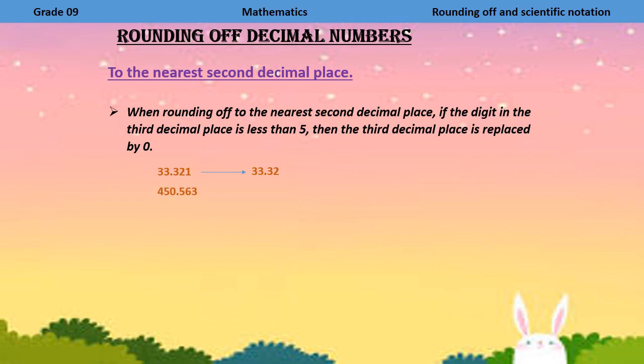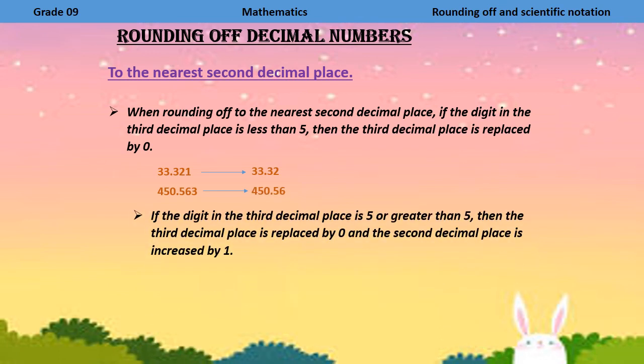450.563. 3 is the digit in the third decimal place. Then we have to replace it by 0. 450.56.